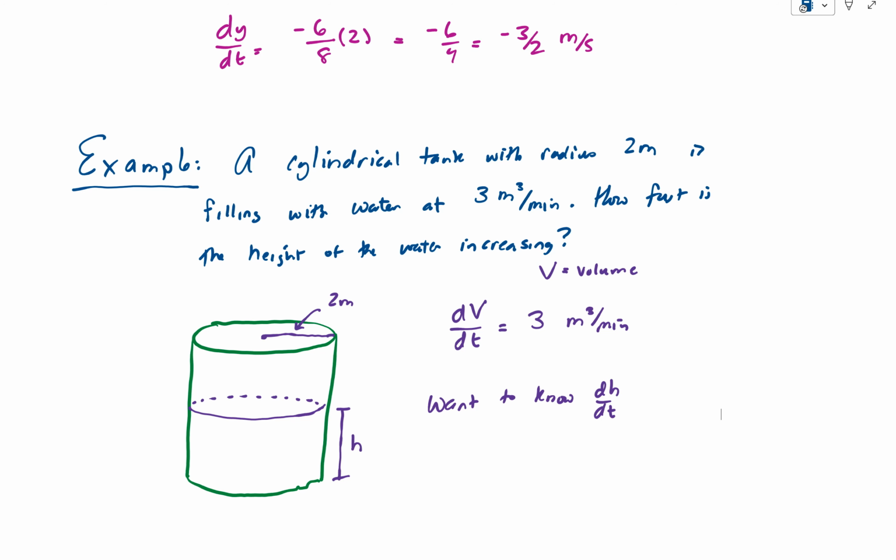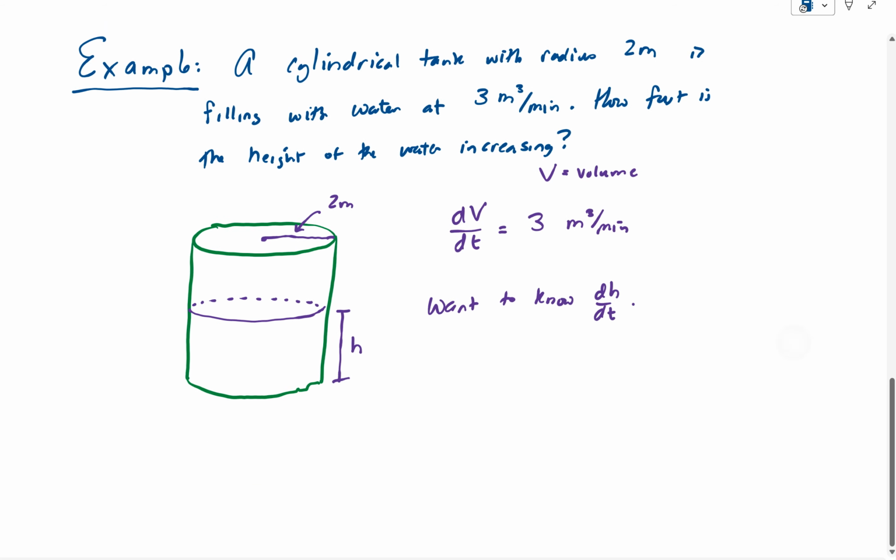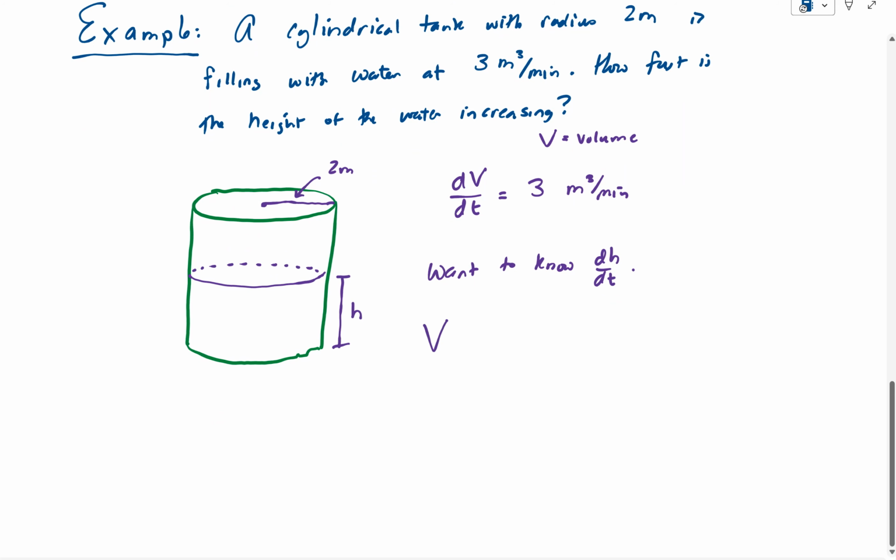We just want to know dH dt. 2 is the radius of the tank. So we don't actually need to know what H is for this. The other thing we have is the volume of a cylinder is given by pi r squared H. I'll expect you to know simple formulas like this one. If it's something complicated like a cone or something like that, I'll give you those formulas.